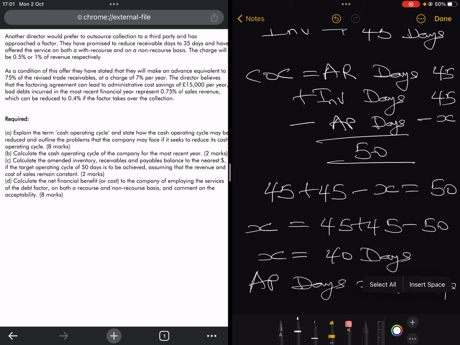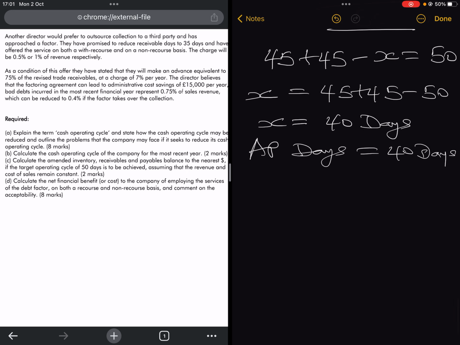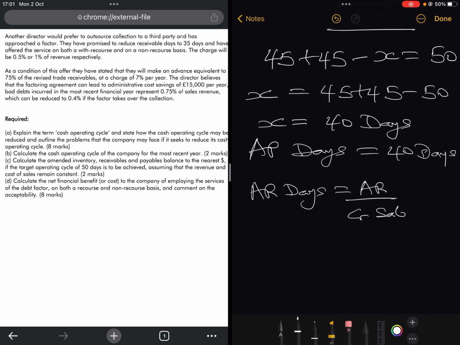So knowing all of this means that we can definitely calculate each of those balances. Let's start from the account receivable days. The account receivable days formula says account receivable balance divided by credit sales times 365. If account receivable days is 45, then the revised account receivable that we are looking for divided by credit sales, which the question says we should assume is constant, so divided by 4,850, times 365.